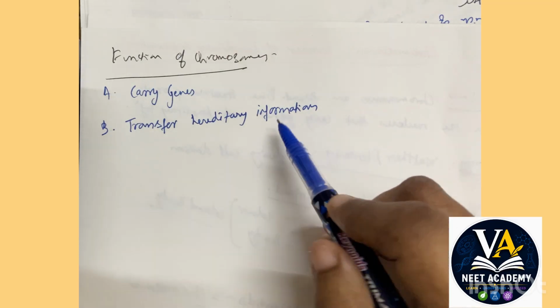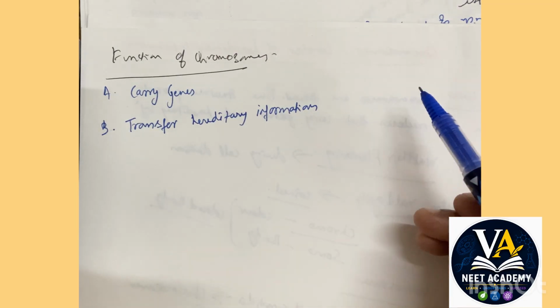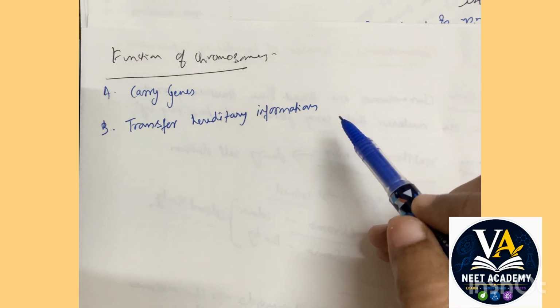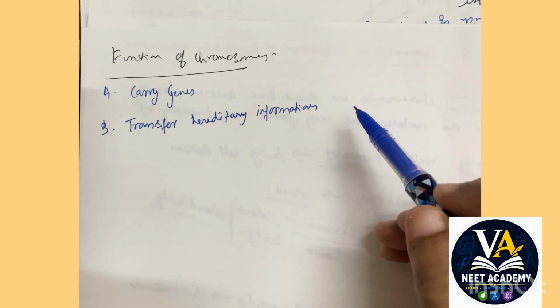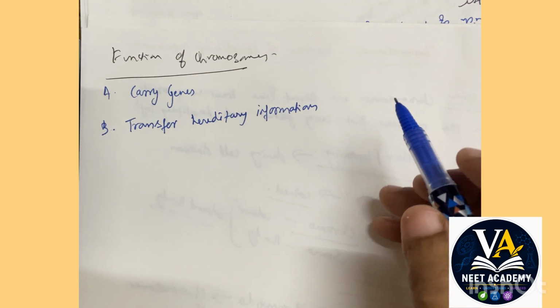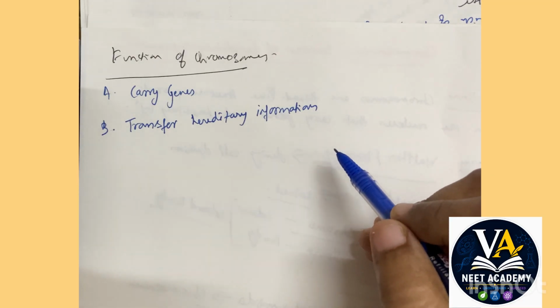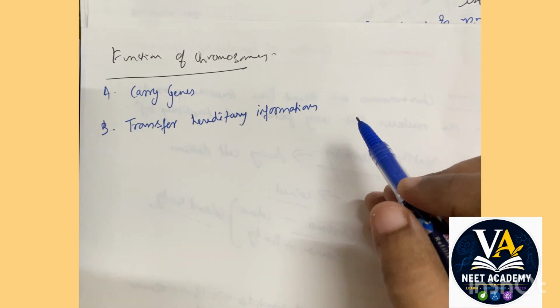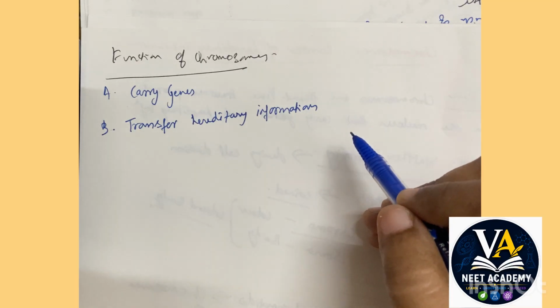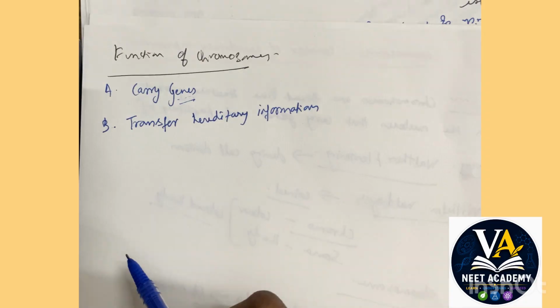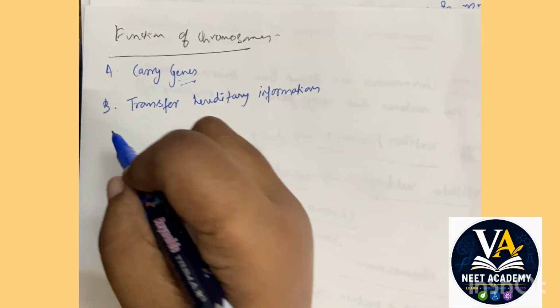It passes the trait from the parents to the offspring, isn't it? For example, the blood group type, you might be resembling either one parent's blood group. You might be resembling the hair color of your parents, the hair texture of the parents. So, these are all the traits which are being dictated by genes. Clear, students? So, this is another function.